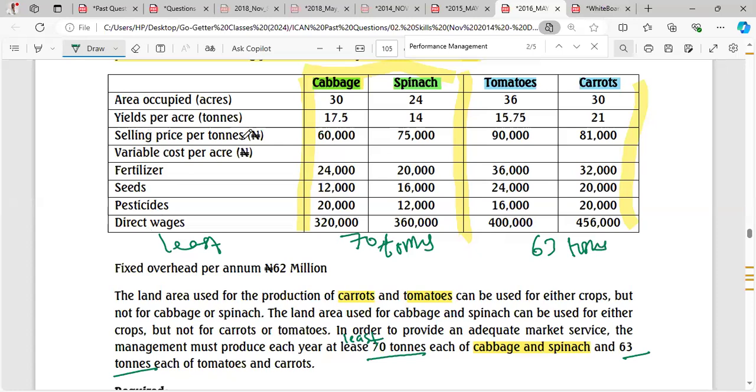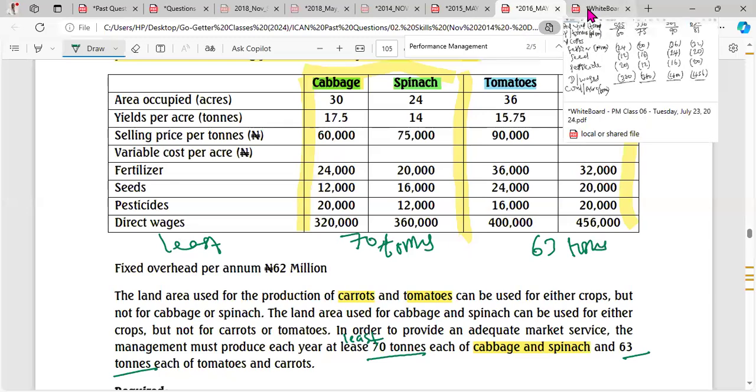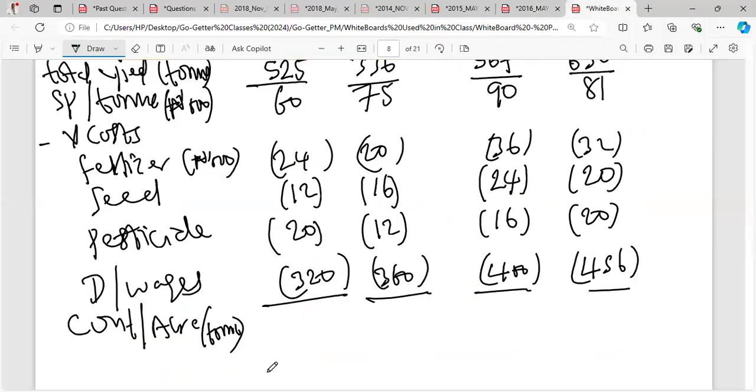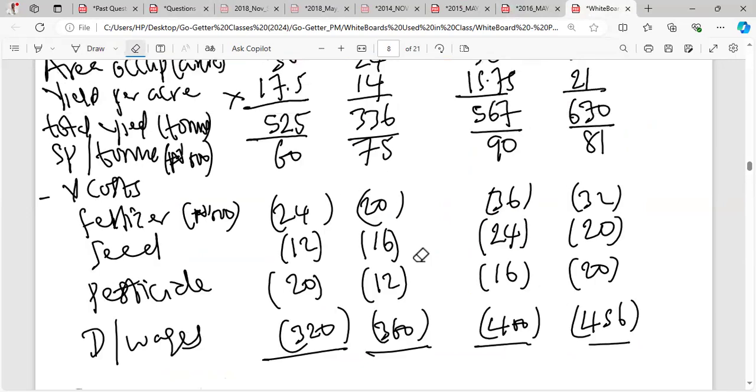This is selling price per ton. So I'm not going to get contribution here. Let's underline this one. We'll come back to it.